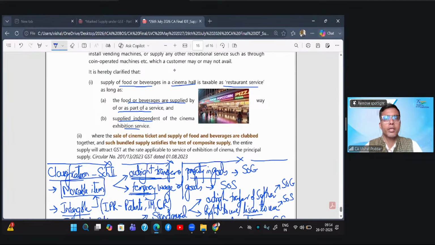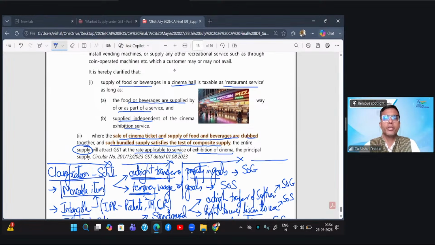So where there is a separate stall put inside the cinema theater from where the people coming there can buy food articles, it will be treated as an independent supply, independent of the cinema exhibition service. However, where the sale of cinema ticket and supply of food and beverages are clubbed together, such bundled supply satisfies the test of composite supply, and the entire supply will attract the rate applicable to cinema service because it is the principal supply.